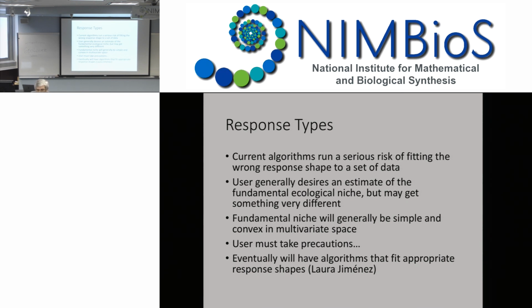You only get concave or complex polygons if your univariate responses are also complex. I mean, play with it. You will get a convex polygon if you've got convex single responses. So adding interactions is not helpful.